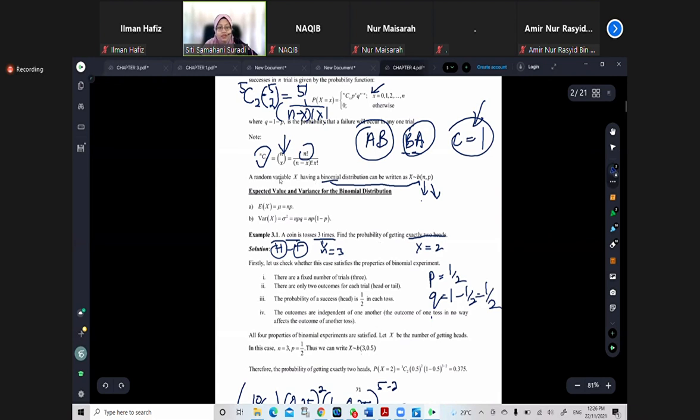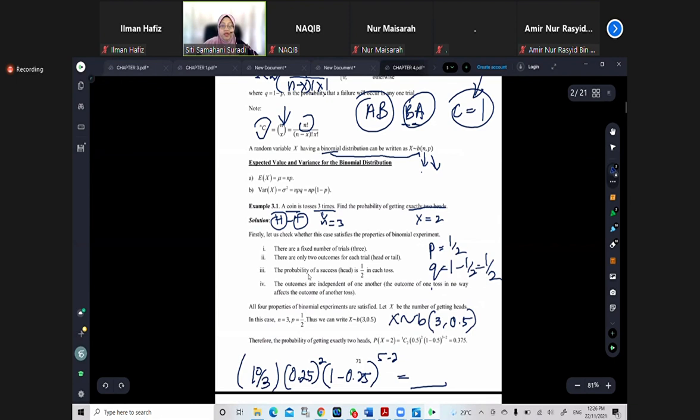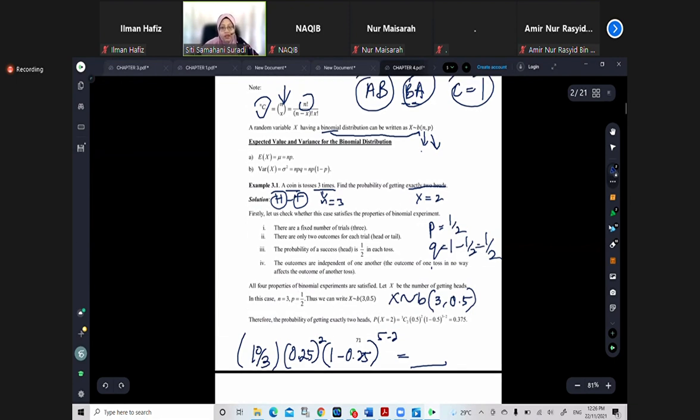Actually, this one is the random variable X. To express it, the binomial distribution is considered X approximately binomial with n trials 3 and probability of success 0.5. This is the way. Okay, boleh?